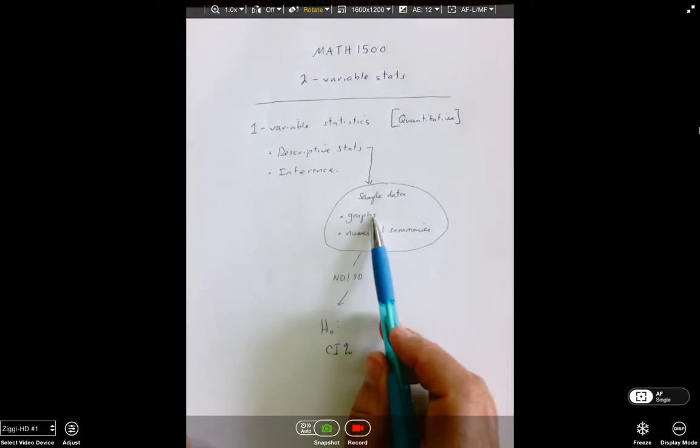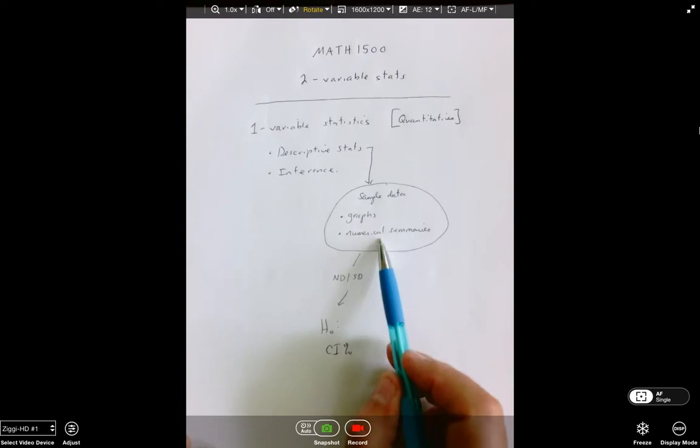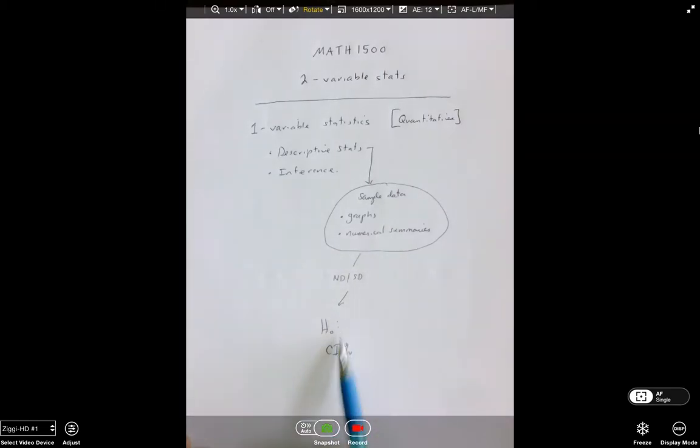I would want to look at graphs of those 50 measurements. I would want to talk about the mean, the median, the standard deviation of those 50 measurements. But the next thing I would want to do is make broader statements beyond those 50 measurements and generalize to all wait times from 8 a.m. to 10 a.m. at Tim Hortons.